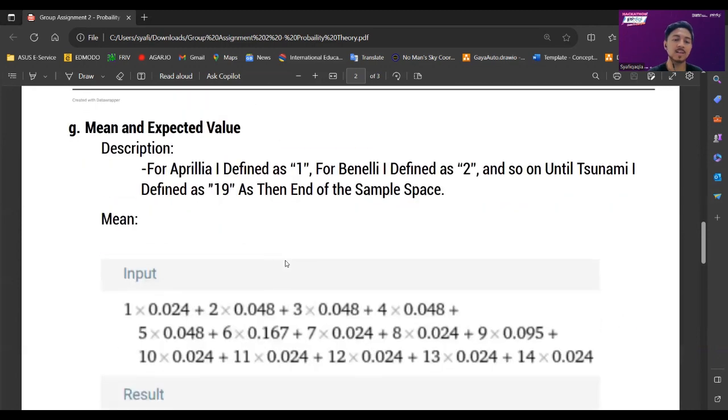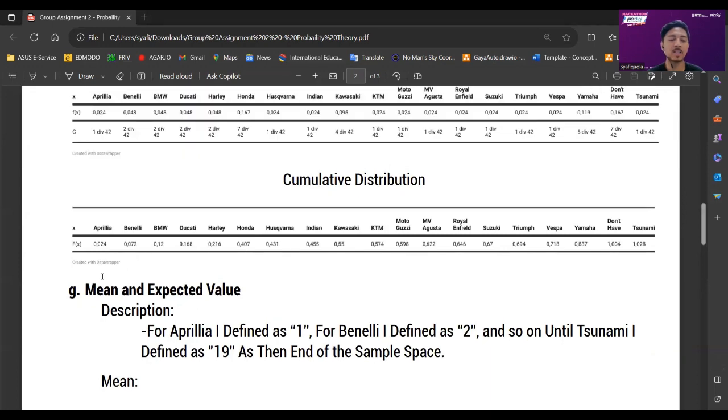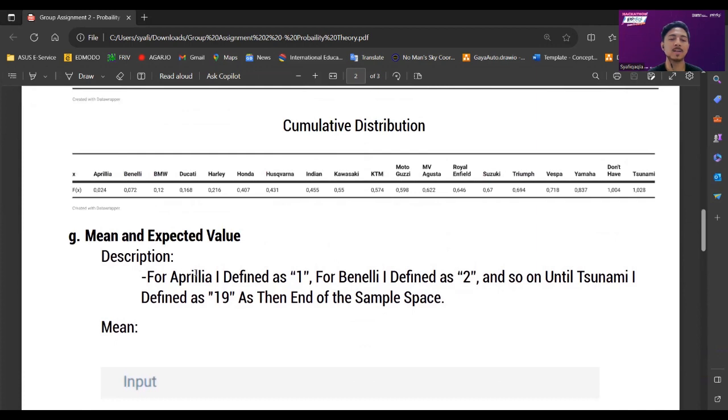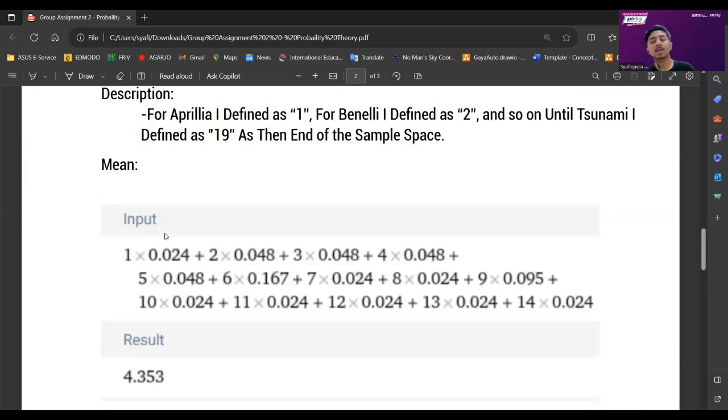And then for the mean and reference value, we define Aprilia as 1 and Benelli as 2 and so on, and Tsunami is 19. So for this sample space, we define it like this.